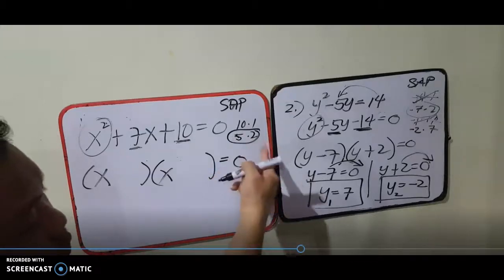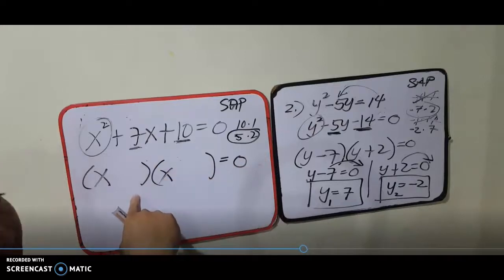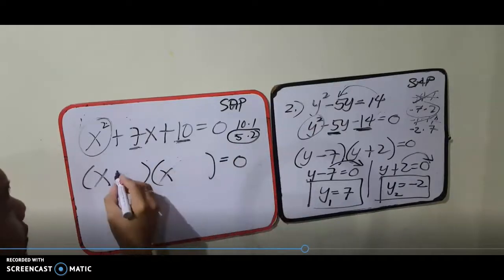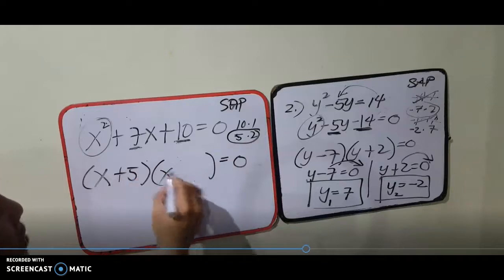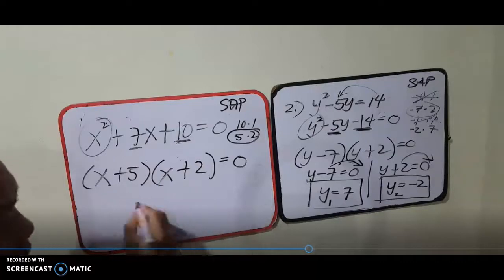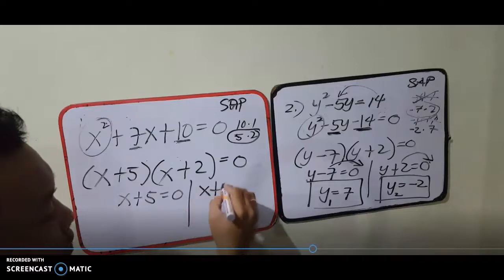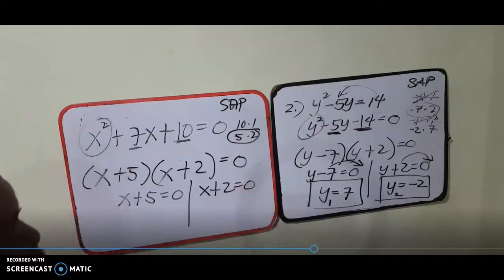So that 5 and 2 will form the factors of the quadratic trinomial. Positive 5, that's why it's plus 5, positive 2, that's why it's plus 2. Then by the zero product property, x plus 5 equals 0 and x plus 2 equals 0.